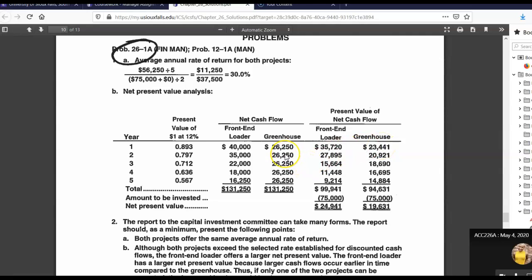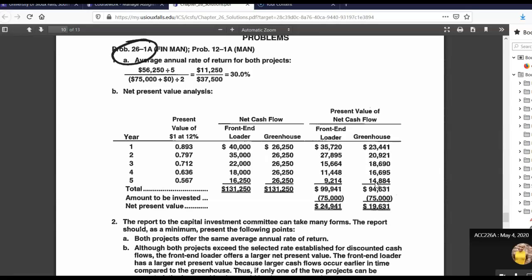But if you're going to get 26,250 in 2 years, it's worth even a little bit less today because it'll be 24 months before you get it, or 36 months versus 60 months. If you're going to get 26,250 in 60 months, 5 years, that's worth $14,884 today at 12%.